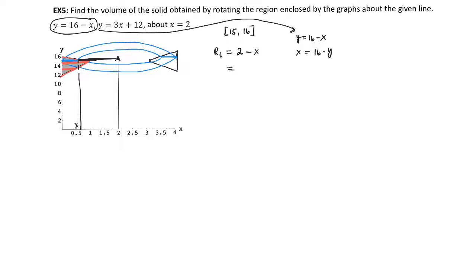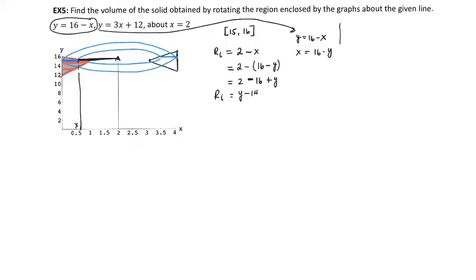So going back to the inner radius, we're going to have 2 minus (16 minus y). That's going to be 2 minus 16 plus y, which gives us negative 14 plus y. So let me write y minus 14. That's going to be the inner radius.